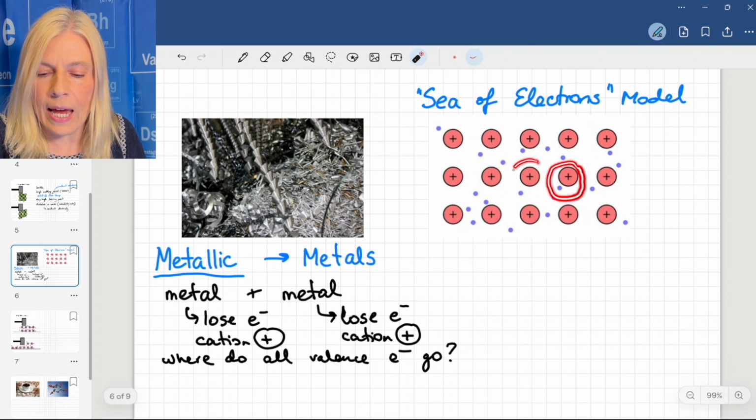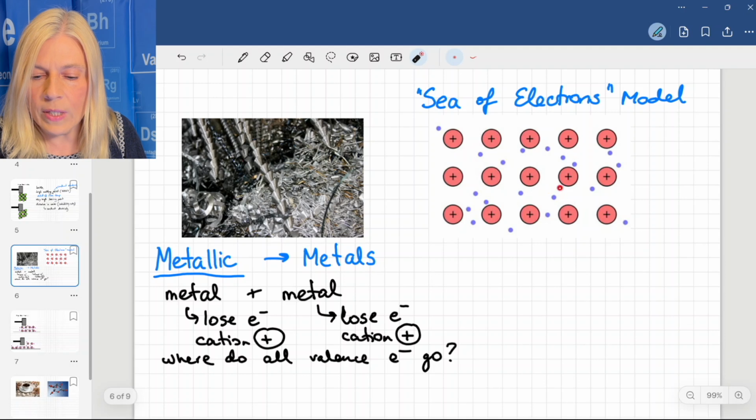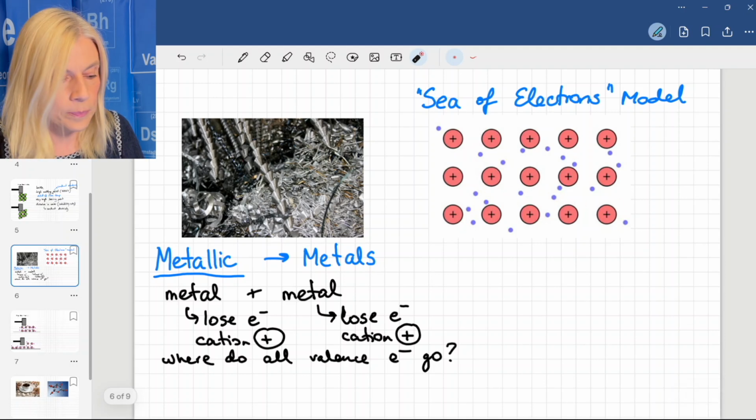So we have these cations, but then these electrons are free floating between the cations. You can see the little purple dots.